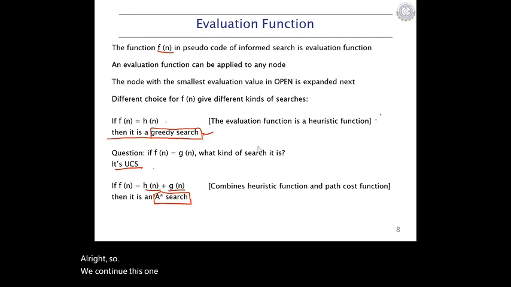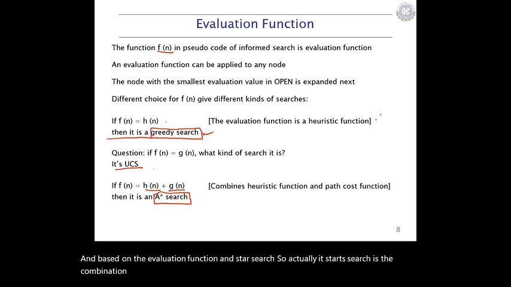Based on this, we can determine the condition for greedy search based on the evaluation function, and for A star search. Actually, A star search is the combination of the heuristic function and the path cost function, or UCS.